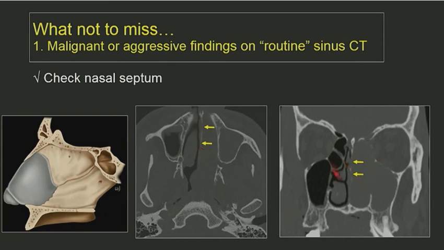On this coronal CT, this was called sinusitis, the initial read, there are so many tip-offs that this is malignant. The medial maxillary sinus wall is gone. The turbinates and their insertions have all been destroyed. The lamina papyracea is thinned, deossified, and dehiscent.